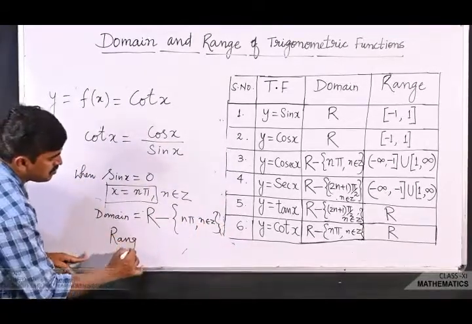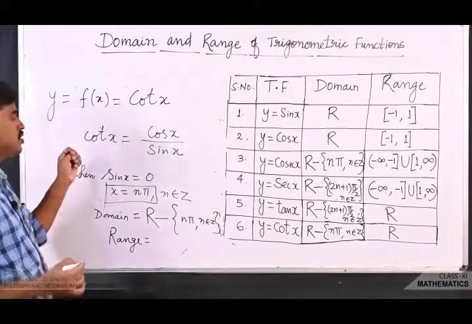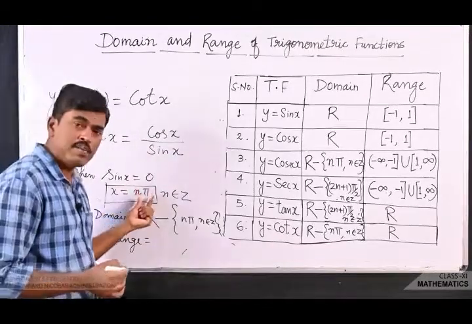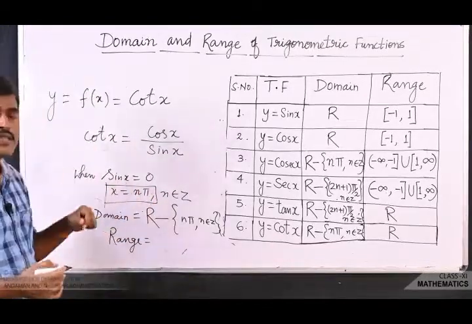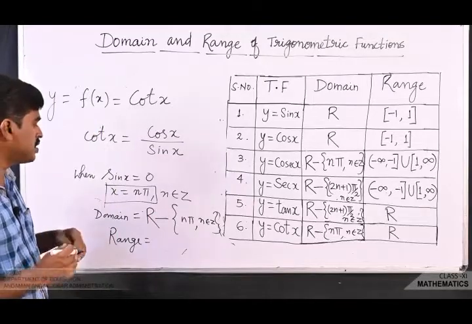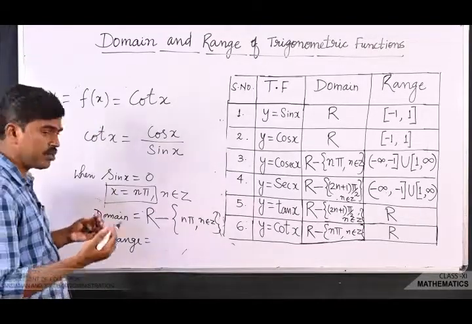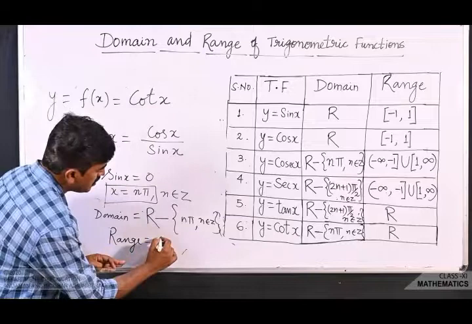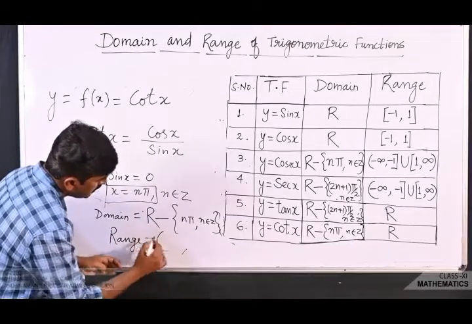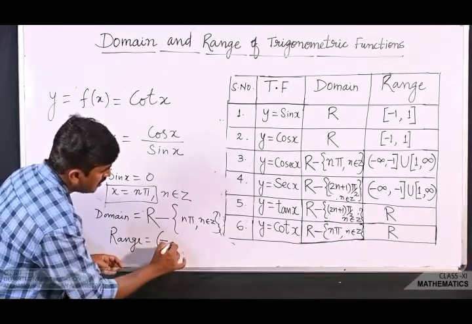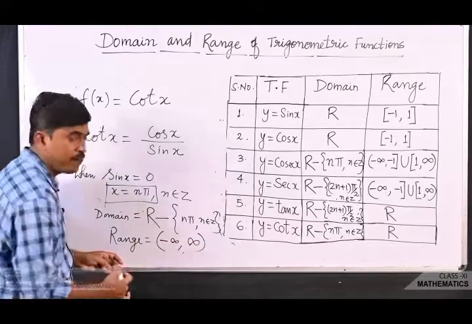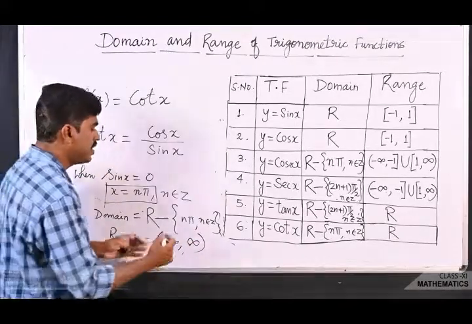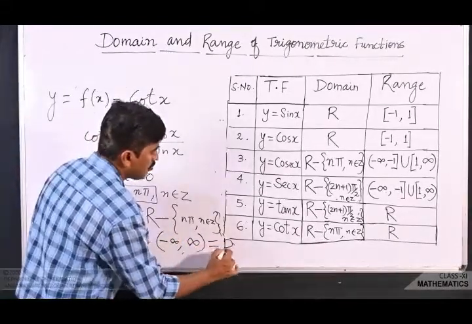Again, for integral multiples of π, cot x is not defined. That means it will go up to infinity and minus infinity. So the range of this function is the open interval (-∞, ∞). It is nothing but the set of real numbers.